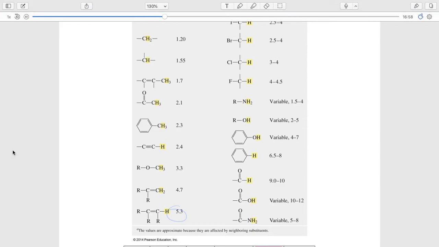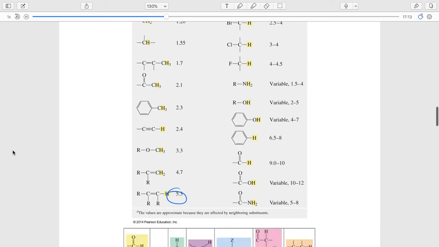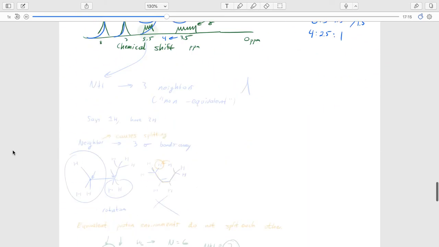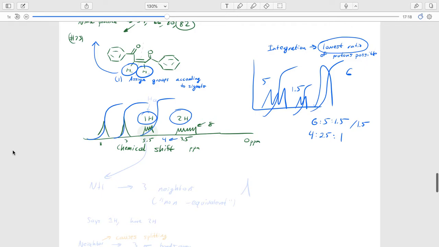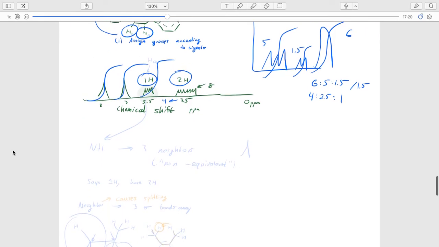Where's the ketone group? We'll just say it's this for now. That's close enough. Yeah, you're right. So we've got the 5.3, and fortunately for us, we see something at about 5.5. If you look at the problem, it is about 5.3.